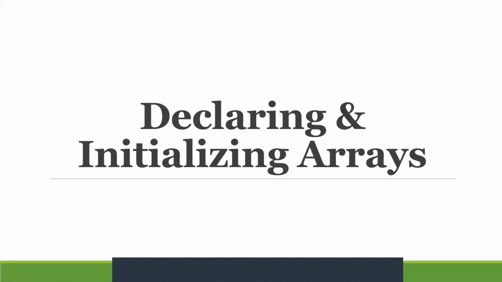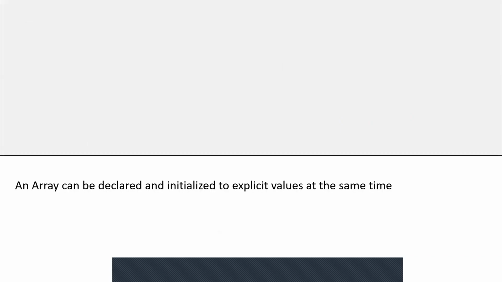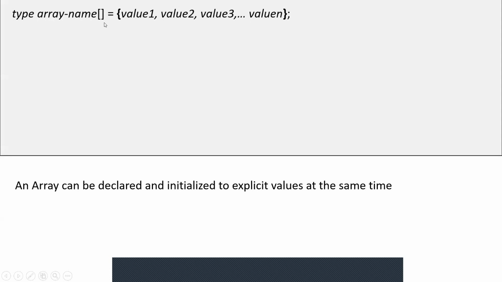Now, the second way of doing it is we can declare and initialize the array elements at the same time. Okay, how do we do this? So, the left-hand side remains the same. You have the data type, name of the array, square bracket, equal to. Now, instead of using the new operator to allocate memory, which will create memory and assign a default value to that particular data type, we have to use curly brackets here and we can give the values.